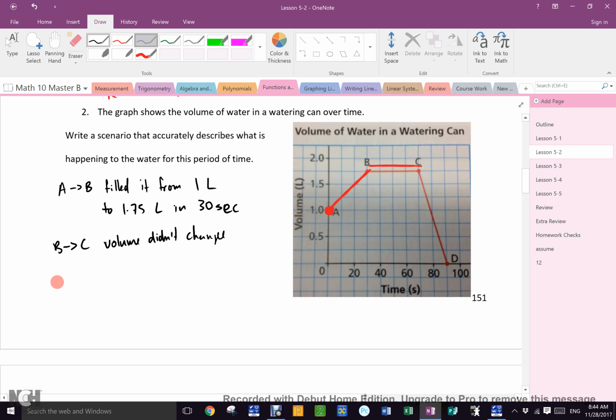And from C to D, we drained 1.75 liters in 20 seconds. That's pushing the 3 and 4. Does everybody understand? Does everybody see why this is a 3 or a 4 and why water in, water out is a 1? Yeah. And I'm not putting you down.